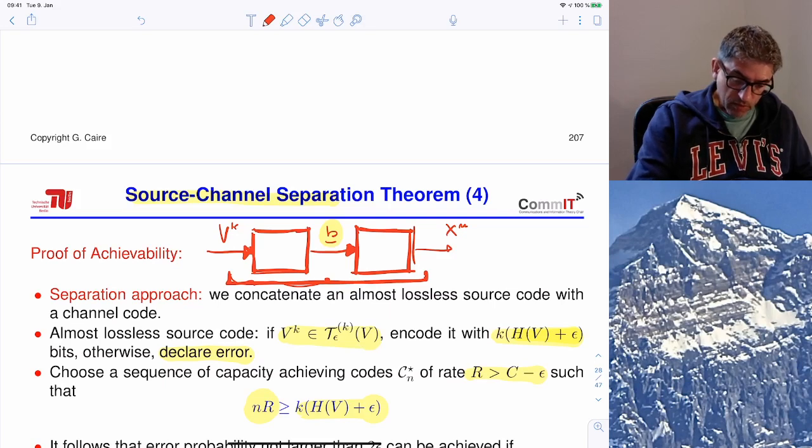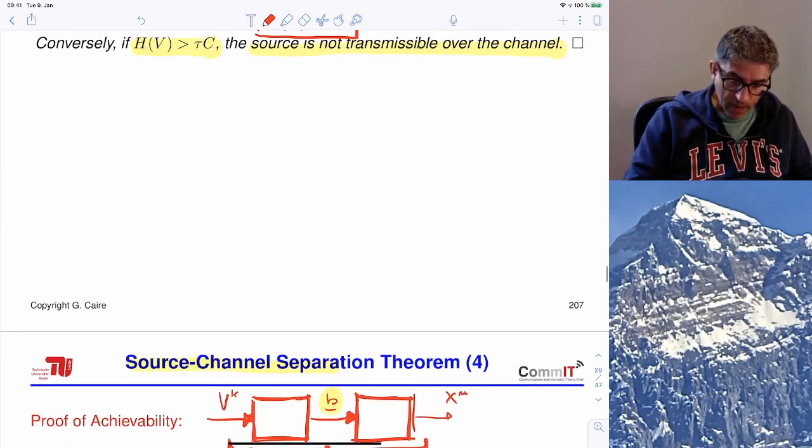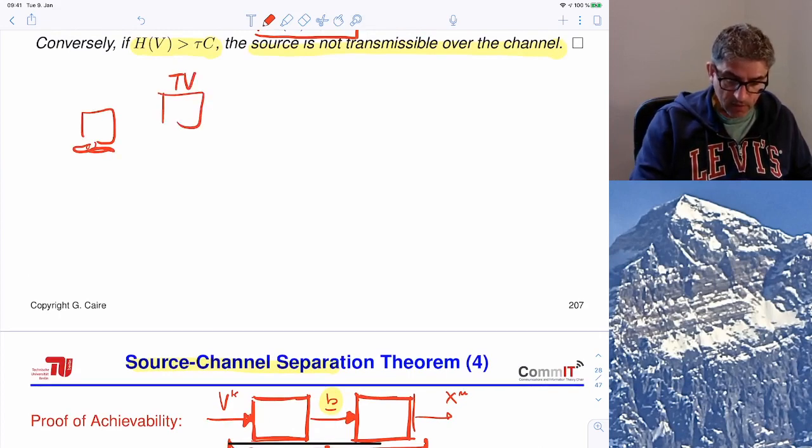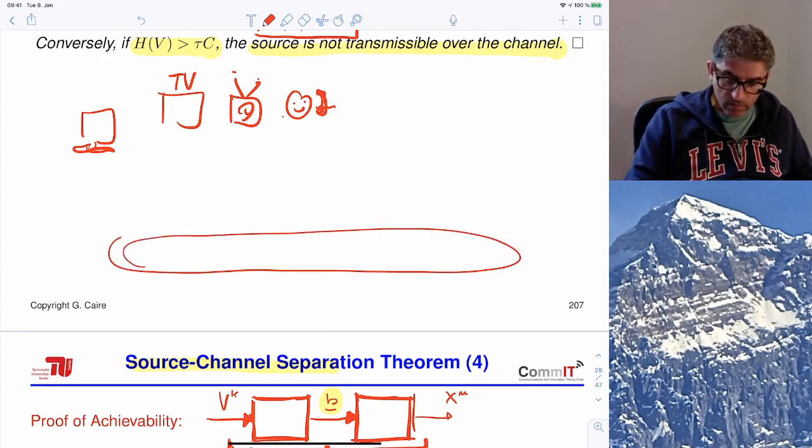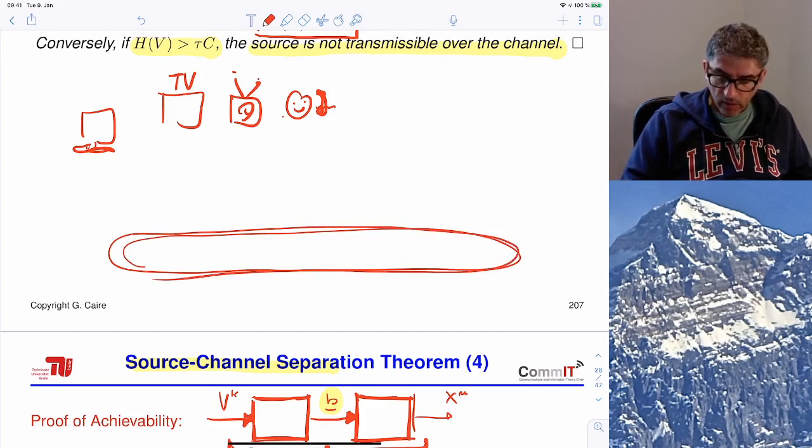you know, we have many sources in the world. We have computers, we have TV, we have radios, we have voice, telephones. Okay, and then we have a big network that is able to transport bits. Let's call it internet.